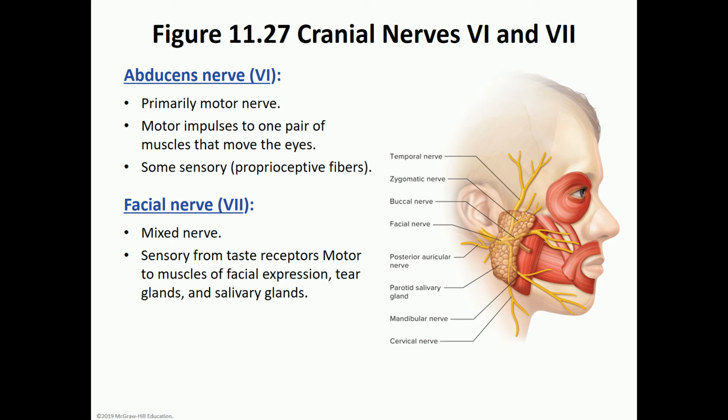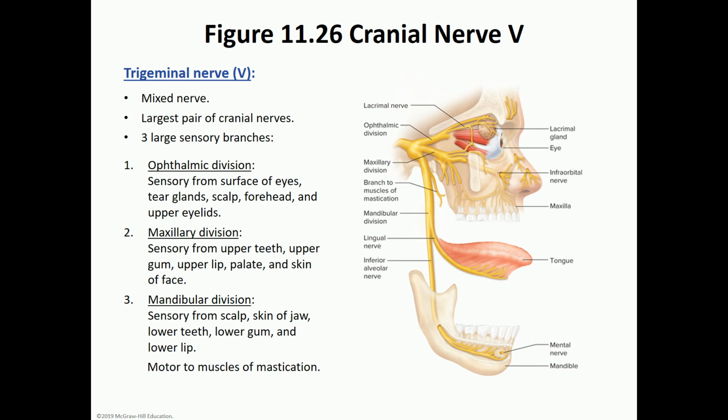Okay. Now we'll go back to cranial nerve number 5, and that is the trigeminal nerve. That is a mixed nerve. It is one of the largest of the cranial nerves. And as you can see here, it's known as the trigeminal because it is going to split into 3 parts. We have the ophthalmic division, and that is going to carry sensory information from anything surrounding the eye.